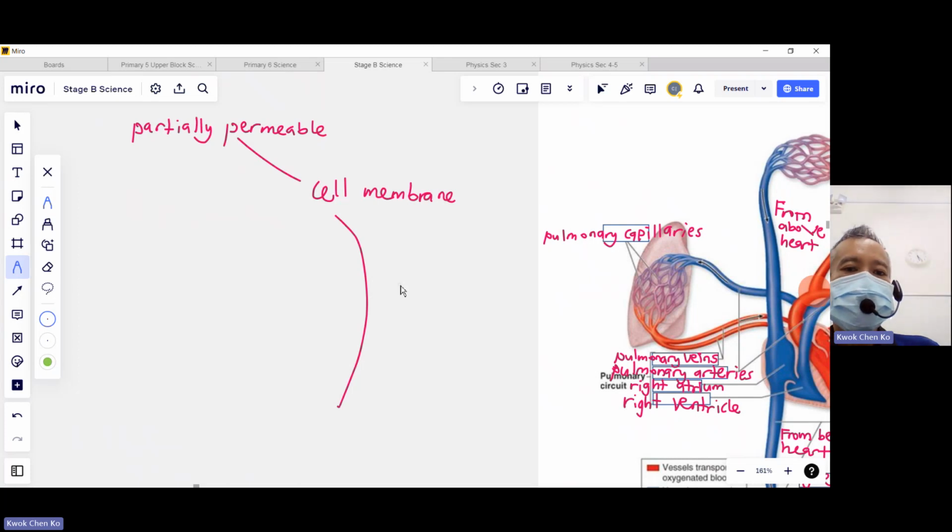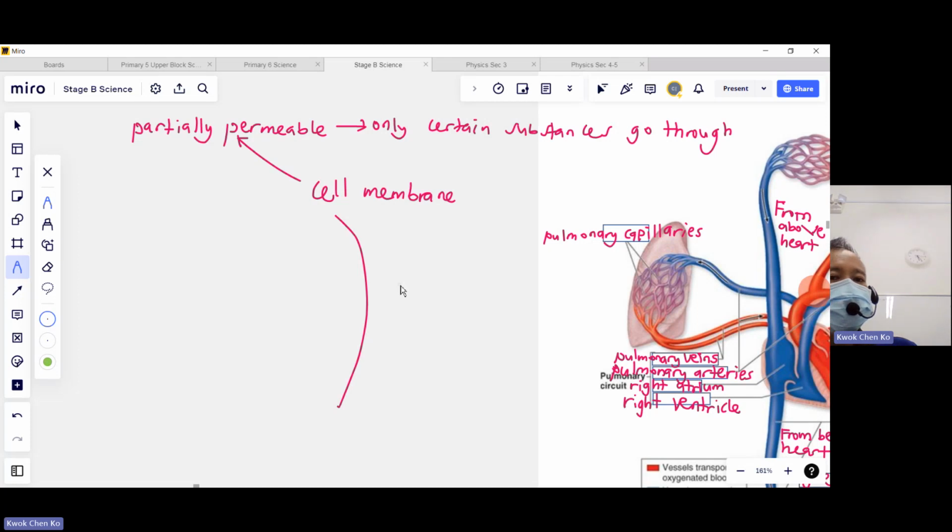That means only certain substances can go through, in and out. Okay, partially permeable.